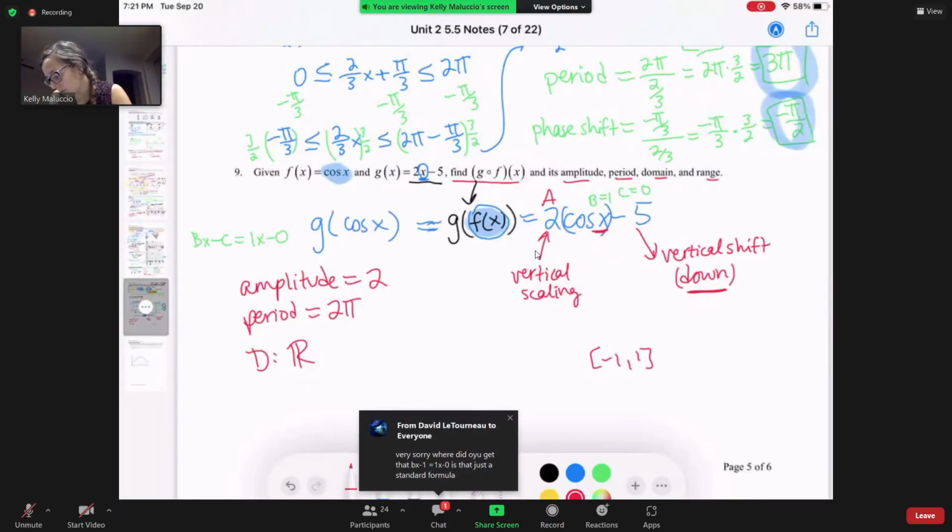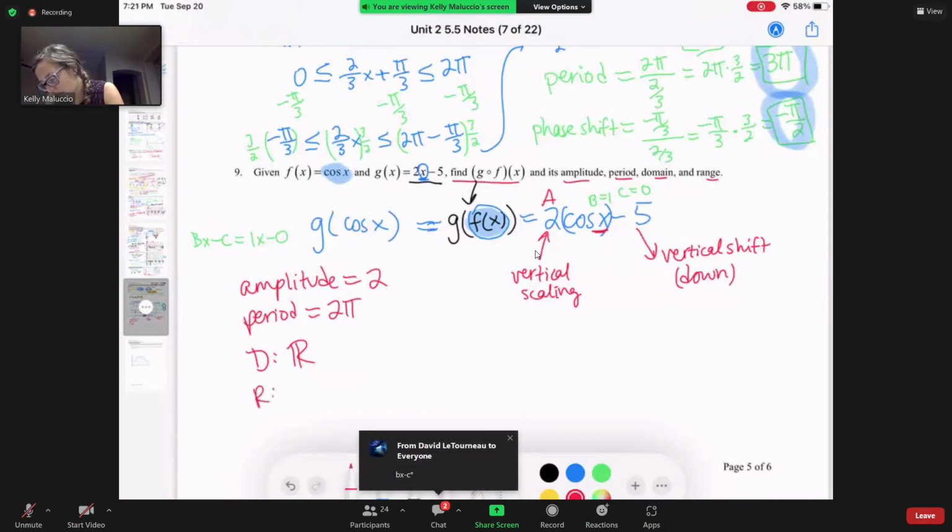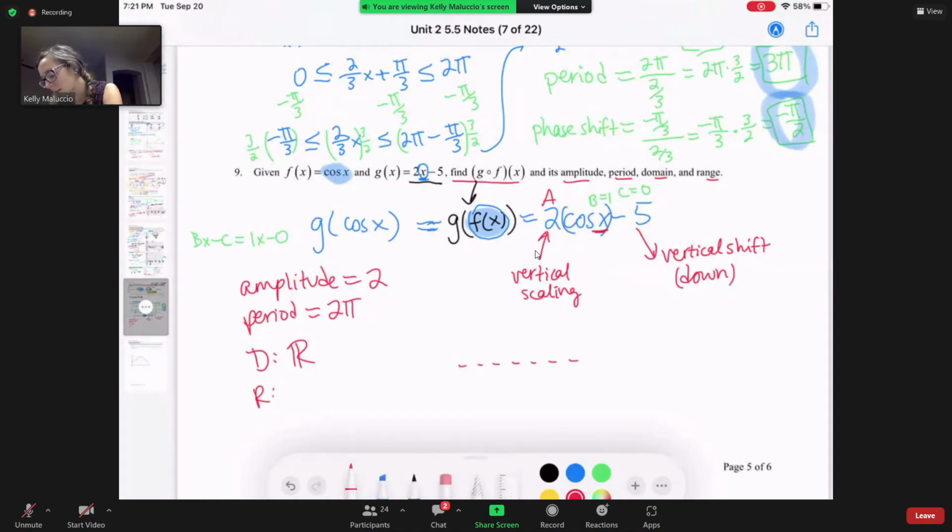So we can just subtract 5 from these. So our range should be... And you have to account for the amplitude. Right? Oh, right. I didn't account for the amplitude. Sorry. Okay, thank you. So if you think of that equilibrium that I told you before, the equilibrium is going to be at 2 for this graph, right?